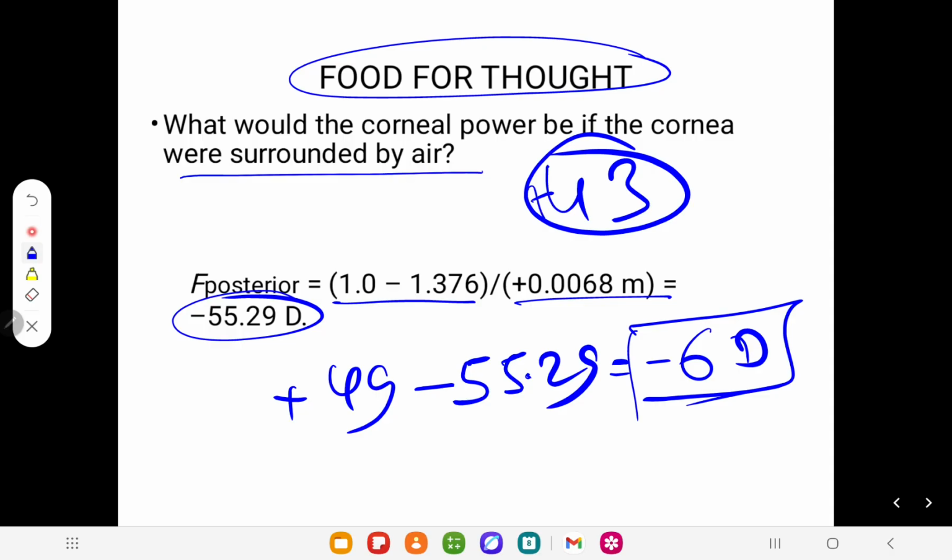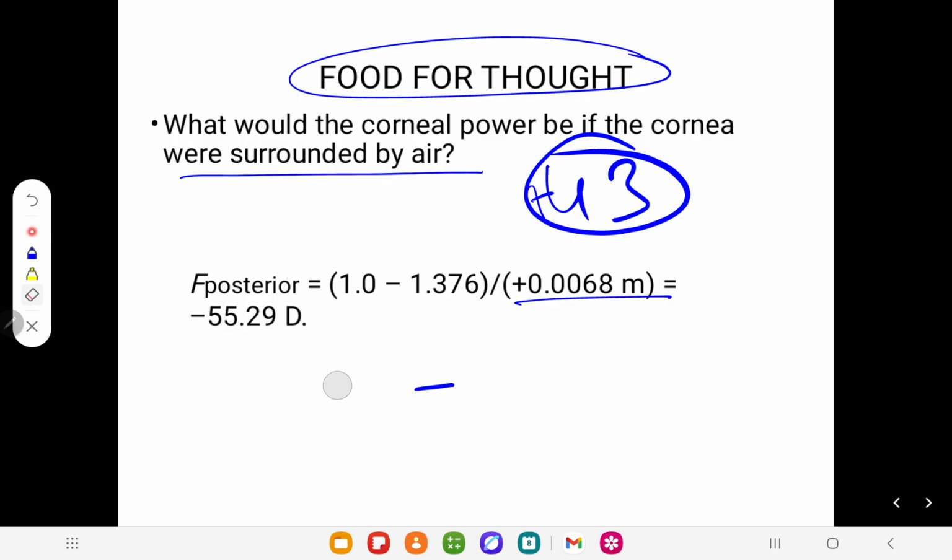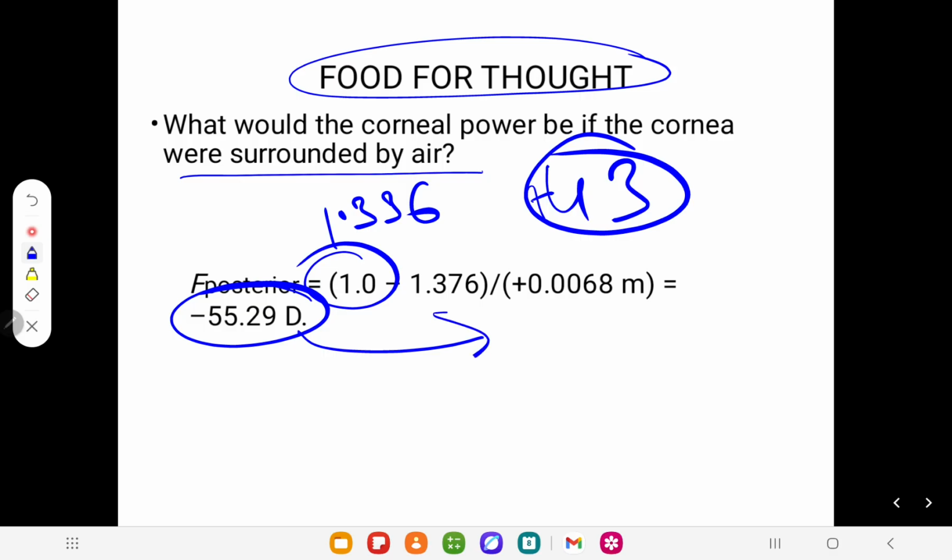Why does this happen? This is the crucial question that I want to ask you. Instead of air, here the index is 1.336. So instead of minus 55, this power reduces to minus 6 diopters because the posterior surface is covered by the aqueous.